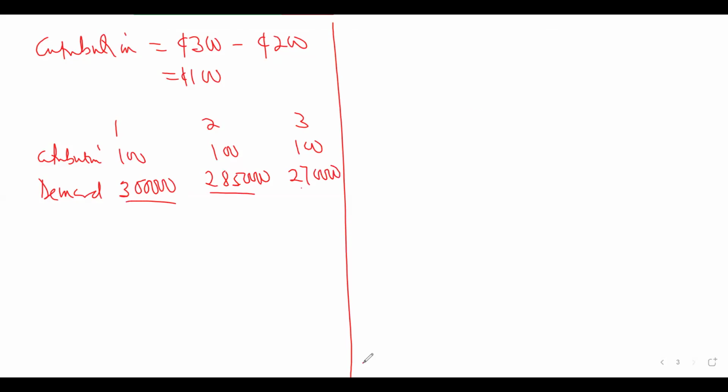So let's calculate this. This will be 30 million over here, then 28.5 million. Is that correct? Yes. The last one will be 27 million.